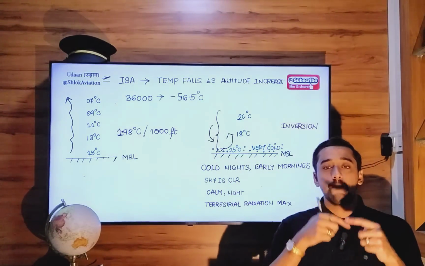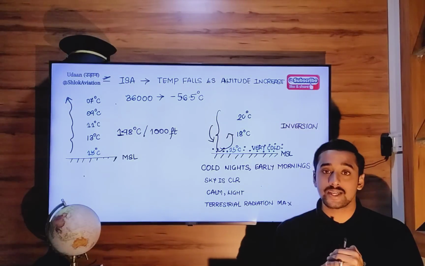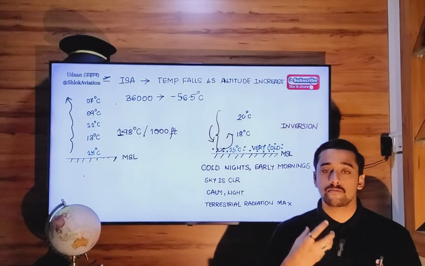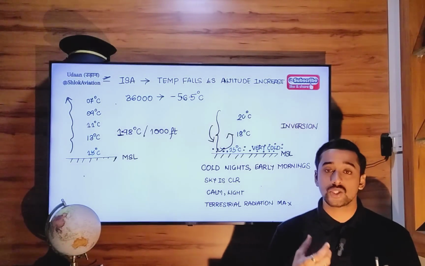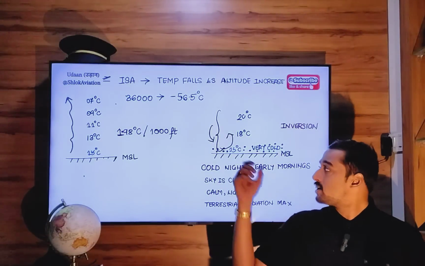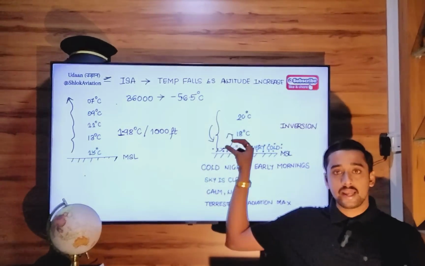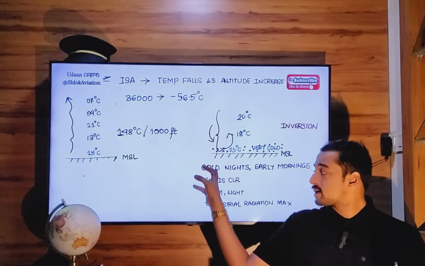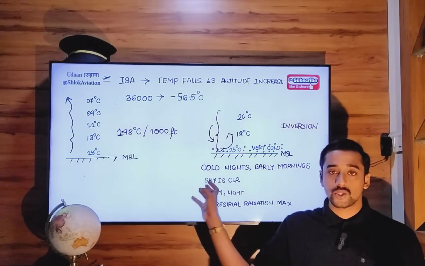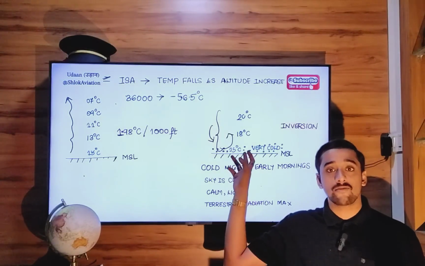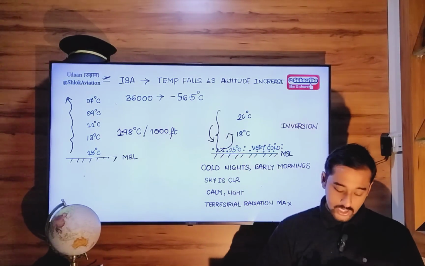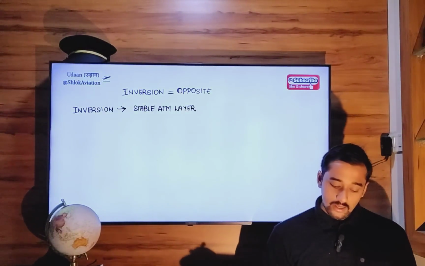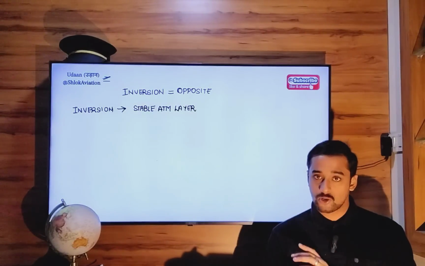This turbulent mixing distributes heat very rapidly. As a result, the air near the ground surface doesn't become very cold, as it does in stable conditions. So unstable conditions prevent inversion from happening. For inversion to happen, you need a stable atmospheric layer.